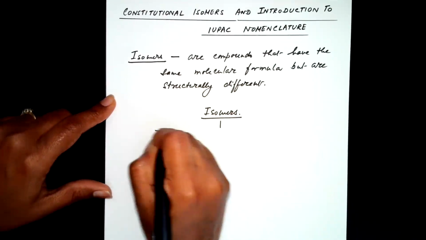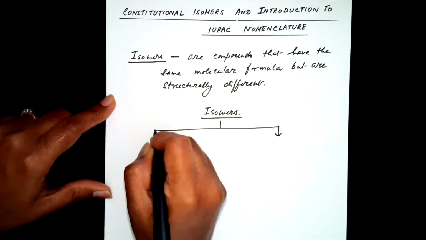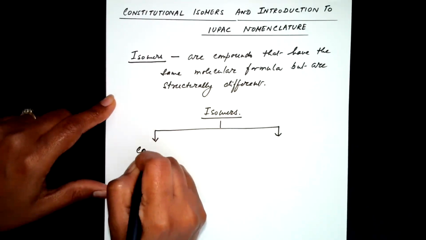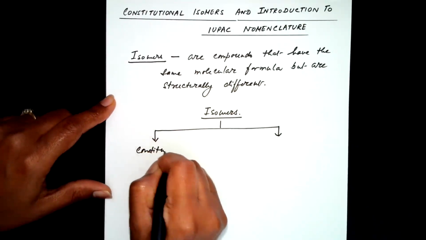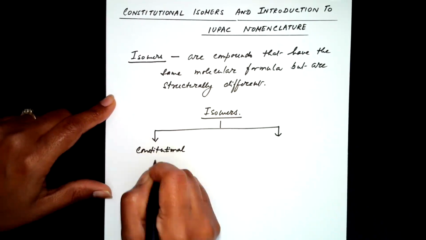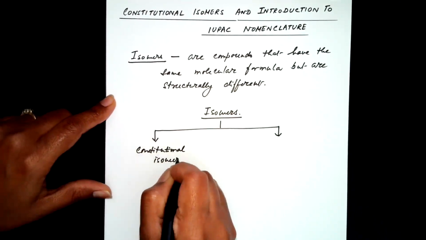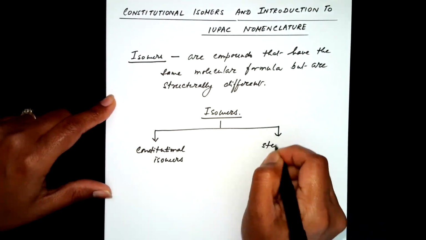Now, isomers are broadly divided into two types: constitutional isomers and stereoisomers.